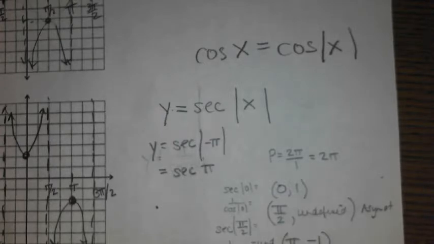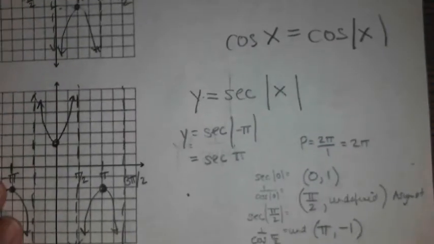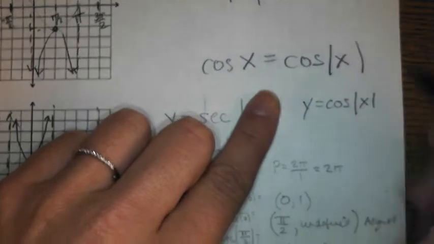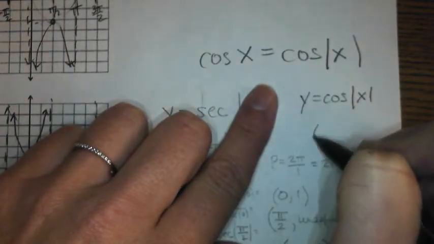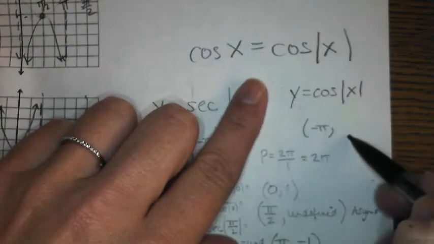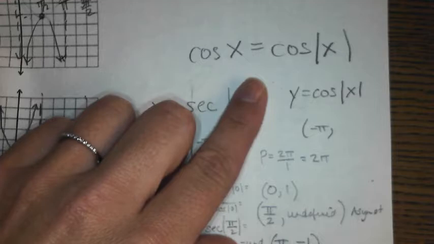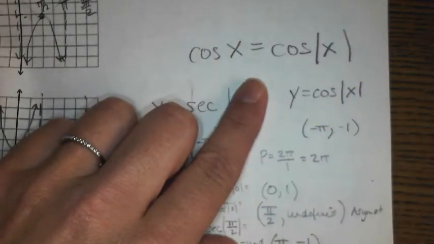That's what I was thinking. Because if you plug in a negative pi, so cosine negative pi equals... So you can still plug it in. You're not getting an undefined. So if I'm dealing with this function, why can't I have an x-coordinate of negative pi? You can. Right, it's just going to equal the same value as the cosine of positive pi. Do you follow, Josh? Okay, which would be negative 1.